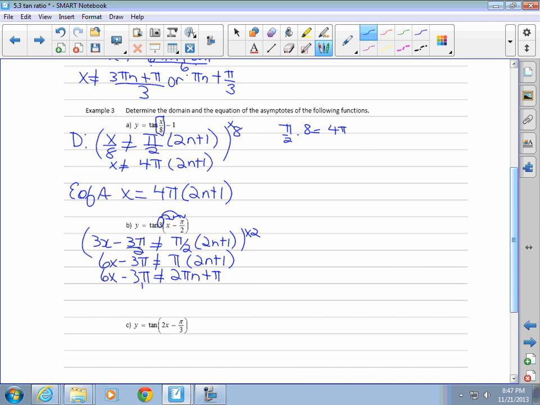Move this over, so I add 3 pi. So I have 6x is not equal to 2 pi n plus 4 pi. Divided by 6, I'm just going to finish it up here. X is not equal to 2 pi n over 6 plus 4 pi over 6, so I can reduce all of that by 2, so it'd be pi n plus 2 pi all over 3.